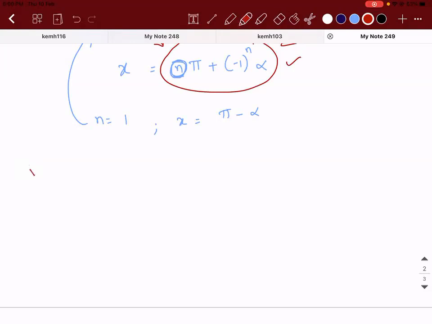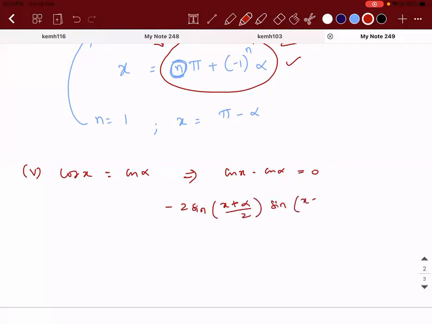Now the fifth one is cos x is equal to cos alpha. Okay. So what will I do? Cos x minus cos alpha is equal to 0. You tell me the steps. -2 sin of (x plus alpha) by 2 sin of (x minus alpha) by 2 is equal to 0.